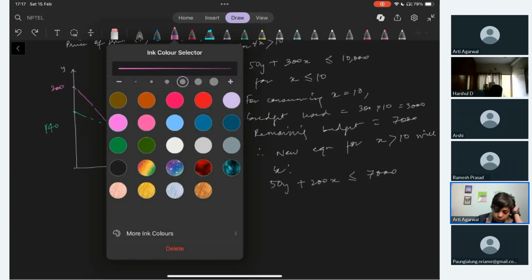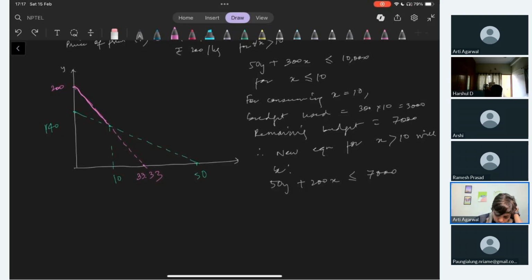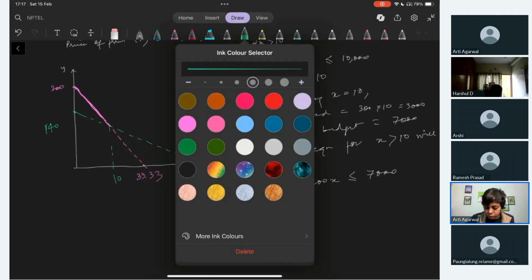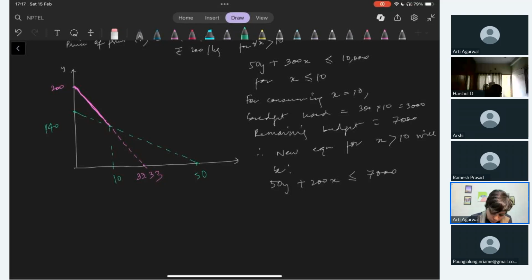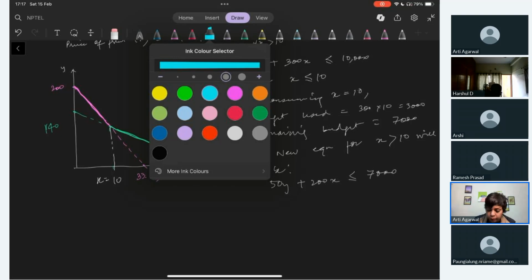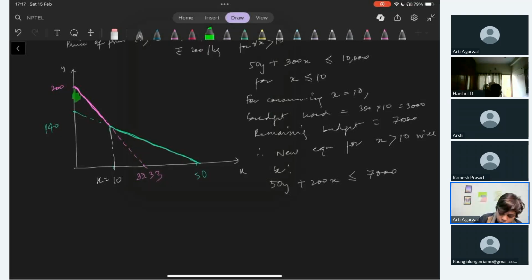This part is valid for x less than 10, and the remaining part is valid for x greater than 10. That's why I marked the value x equal to 10 here. I'll put it in a different color. Okay, so this is now your diagram, and we can shade it again just to make it clear. This whole thing is your budget set.